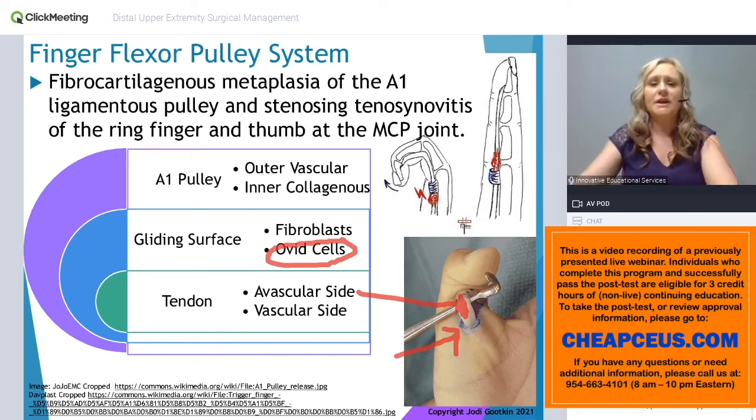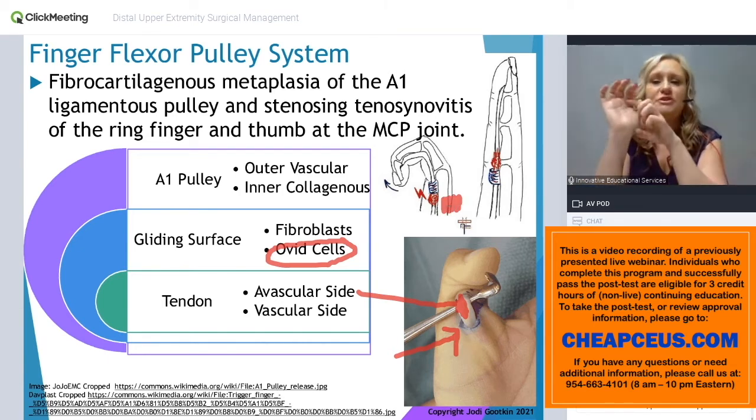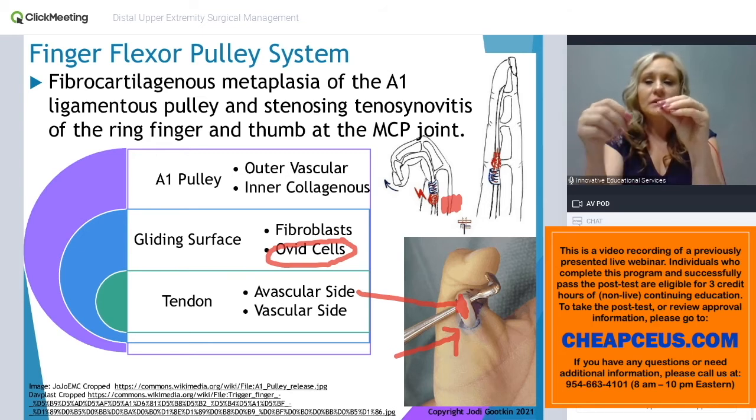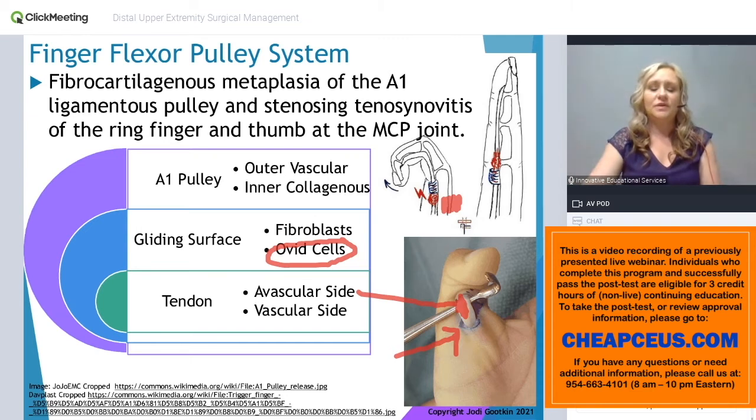And we start getting a situation where when the individual flexes their finger down, all of that excess tendon sheath bunches up underneath the pulley and it gets stuck. It's similar to feeding an oversized thread through a narrow needle where some of the strands just don't go through. And that's what happens with this condition. It's a thickening under there.